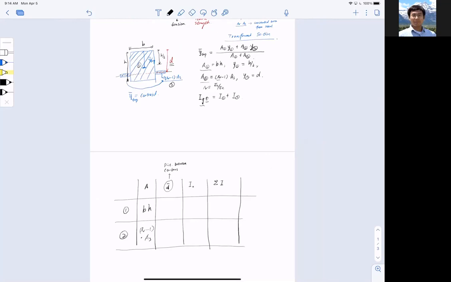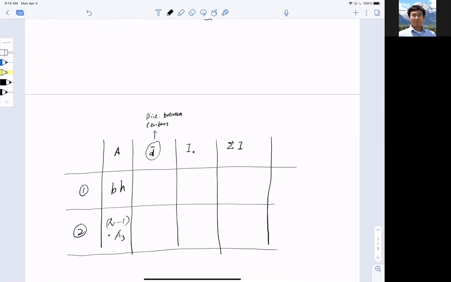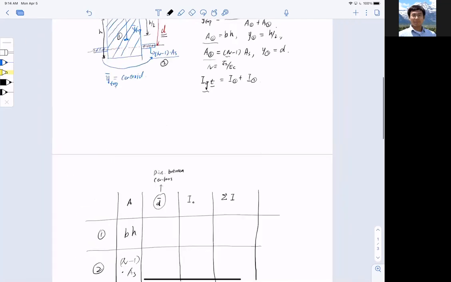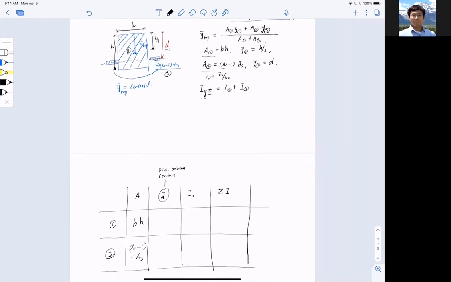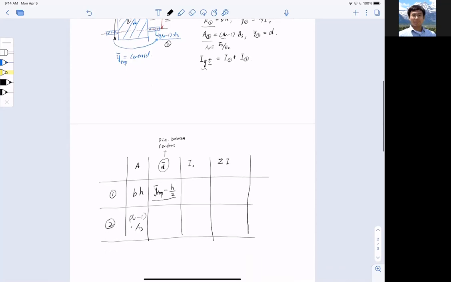Okay. Distance D is the center of 1 to the center of the whole thing, right? So how do I do this? This is y top basically minus h over 2. Okay, that is the distance between the center of 1 and the centroid of the whole thing.